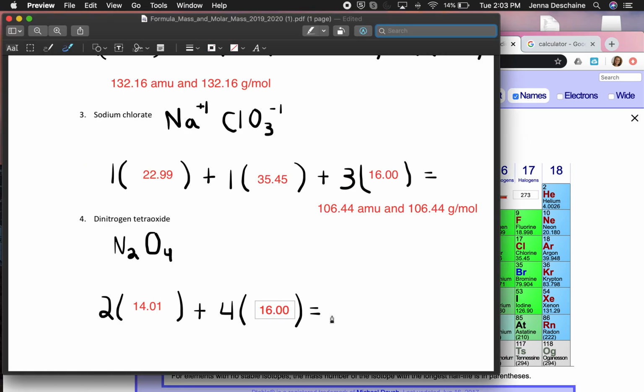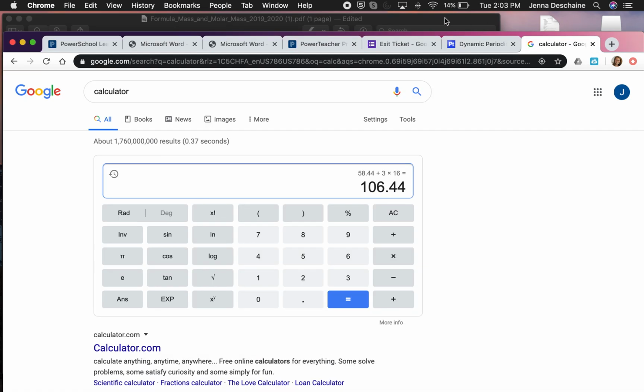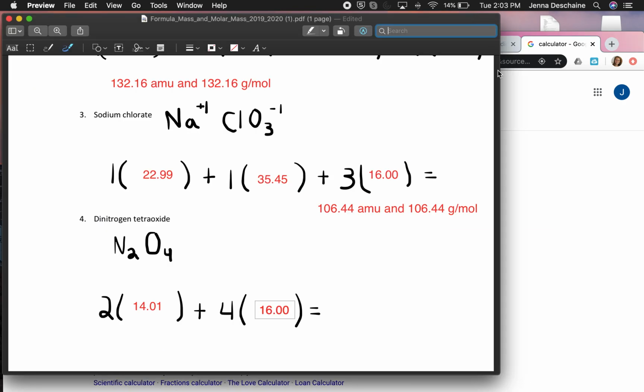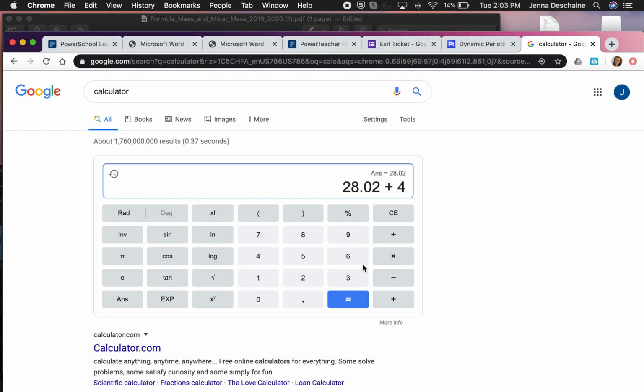All right, so I'm going to add these together, do some quick math. So I'm going to take 2 times 14.01 and then add that to 4 times 16.